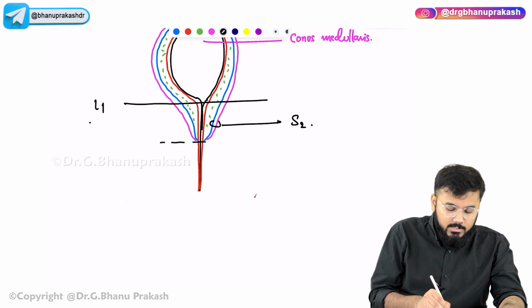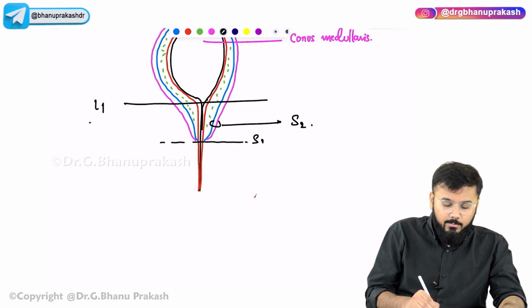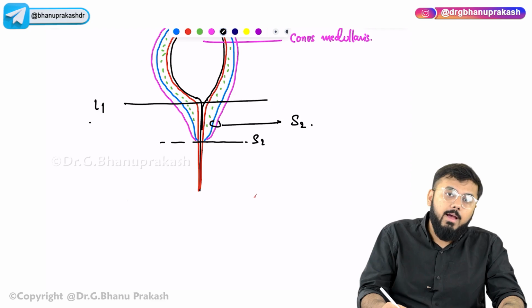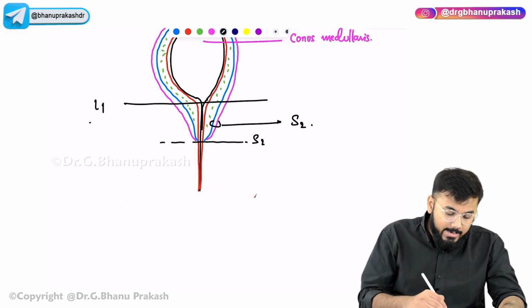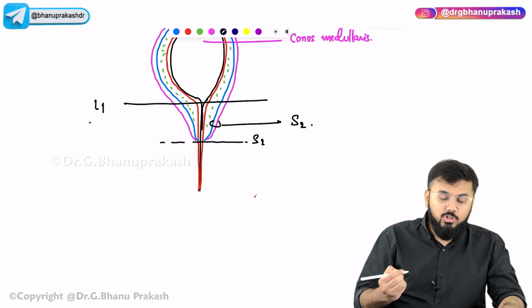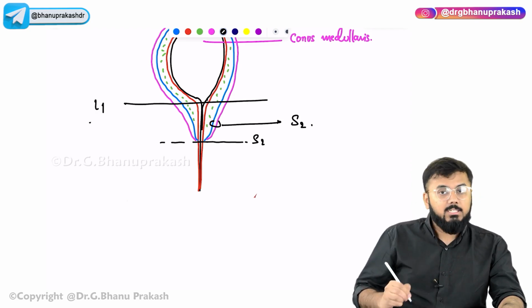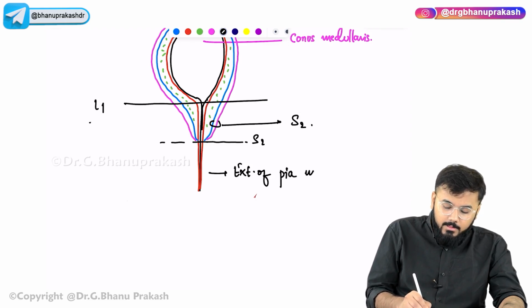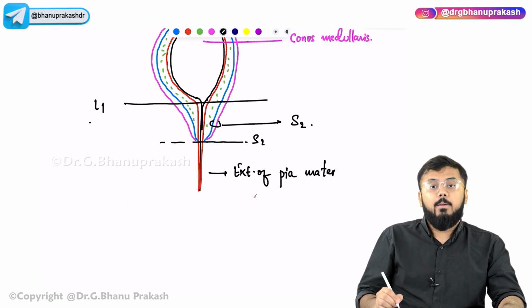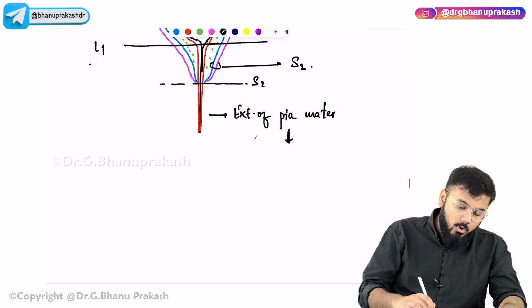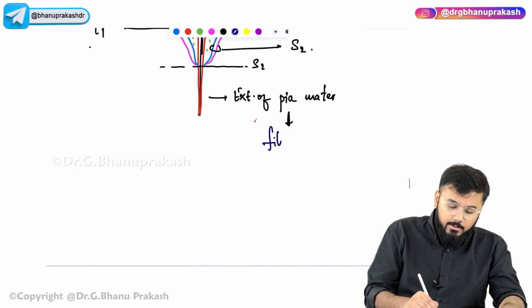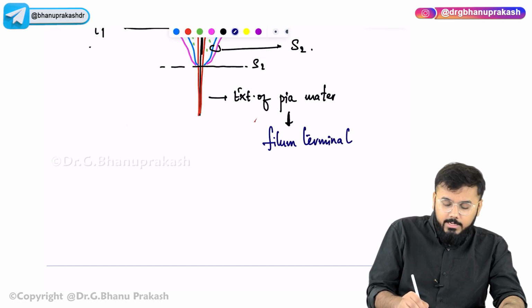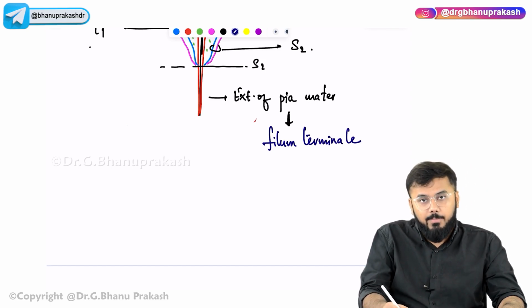Down here, only pia mater is getting extended down. This extension of pia mater is called your filum terminale.